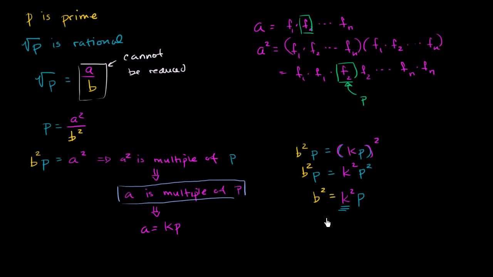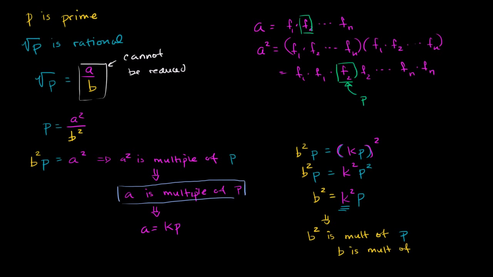So this lets us know that b squared is a multiple of p. And by the logic that we applied right over here, that lets us know that b is a multiple of p. And that's our contradiction.